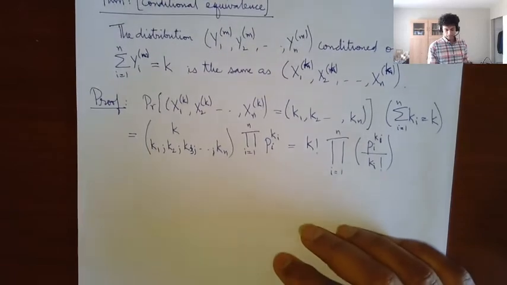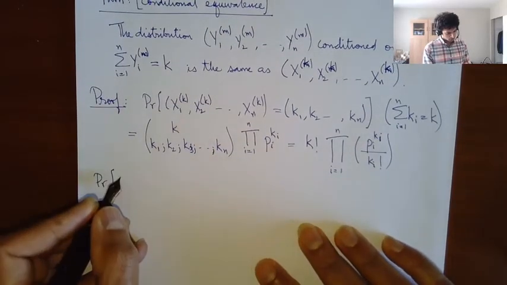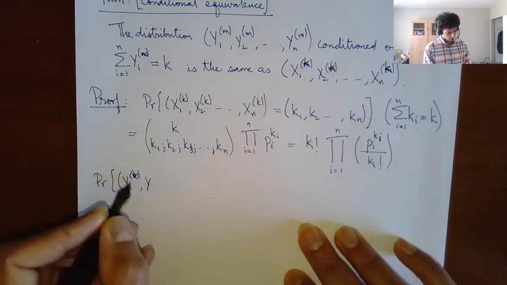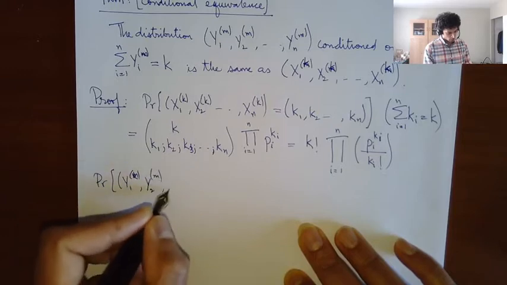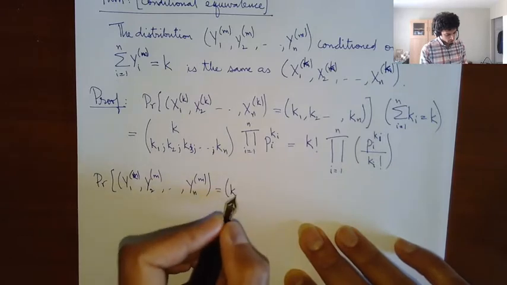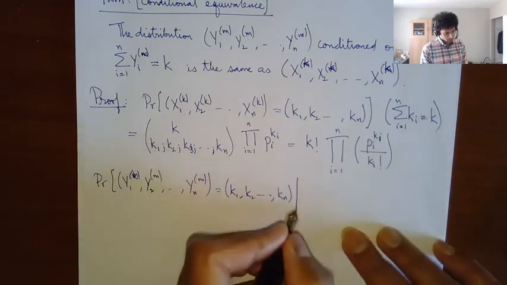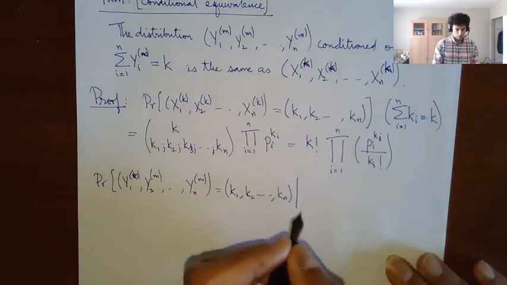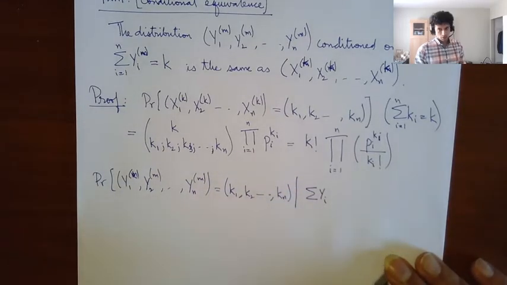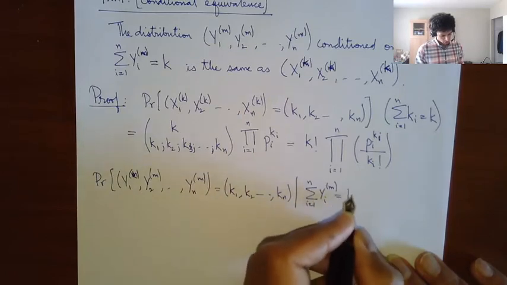Now let's look at the probability of y1m, y2m up to ynm being equal to k1, k2 up to kn, conditioned on the summation of yim, i going from 1 to n, being equal to k.